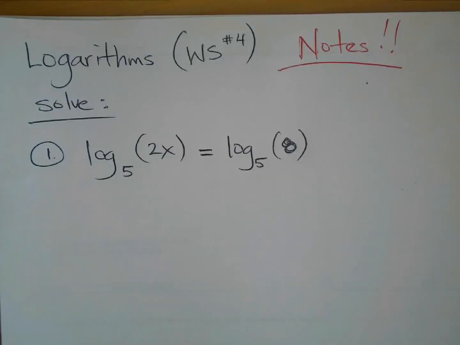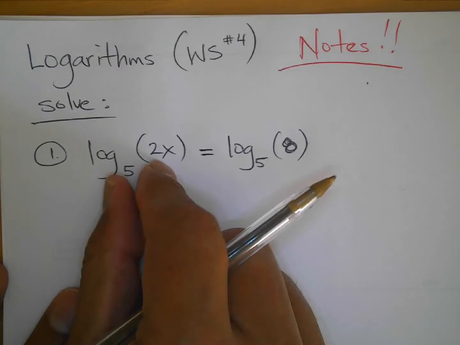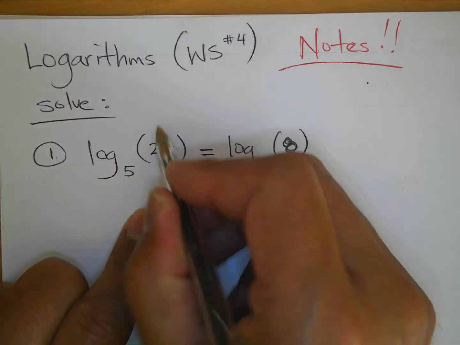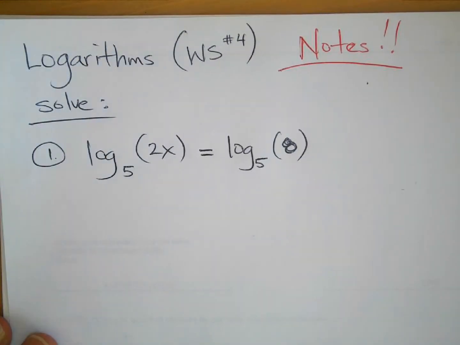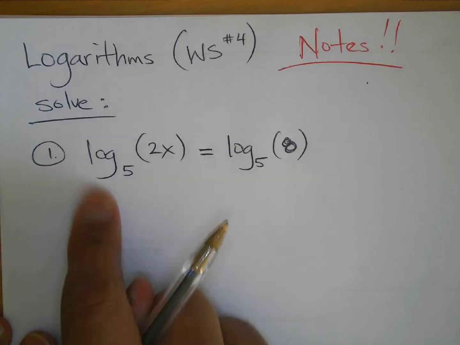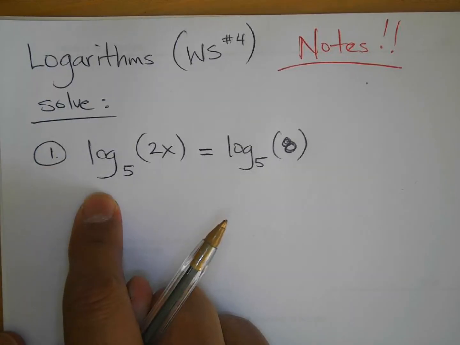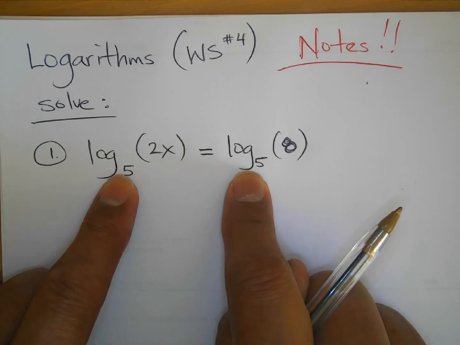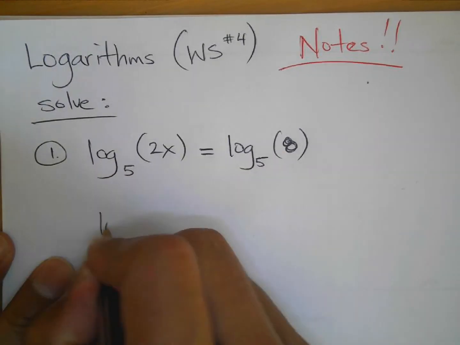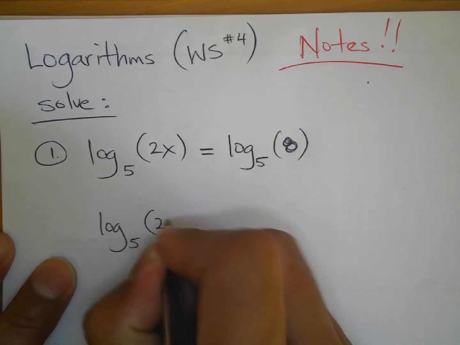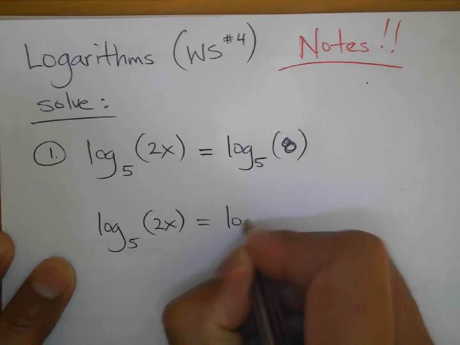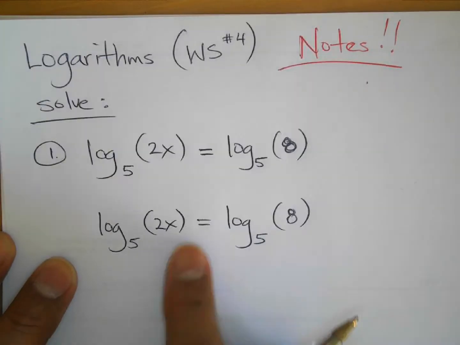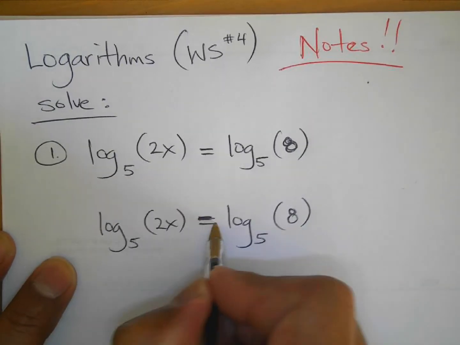This is not like before when you had a logarithm here and then a number here, and you changed it to exponential form. When you have a logarithm equal to a logarithm and they're exactly the same, if you just think of things being equal, this equal sign is very important.